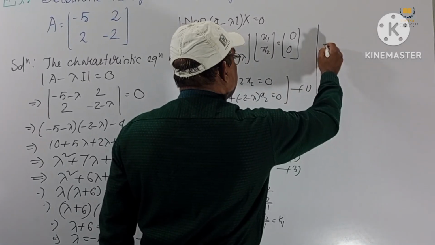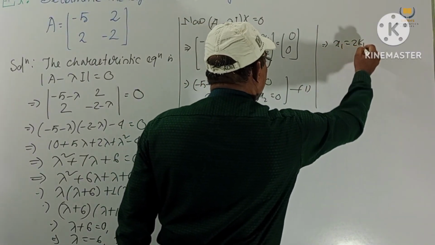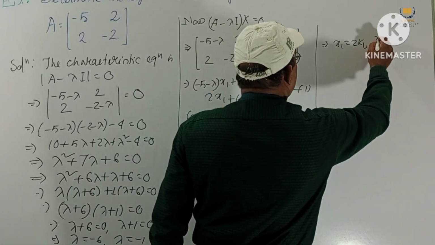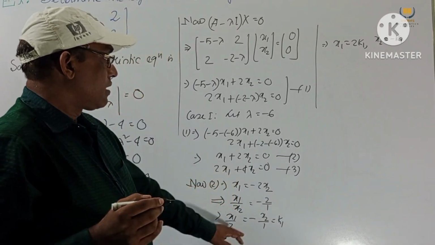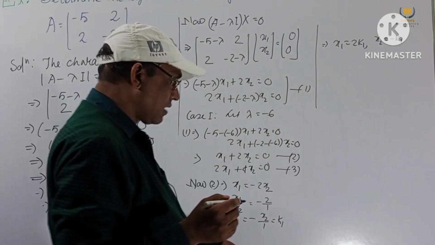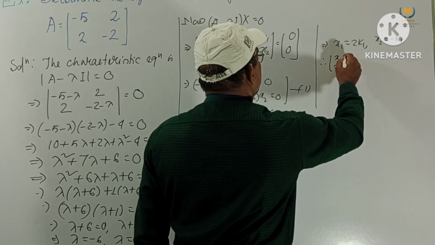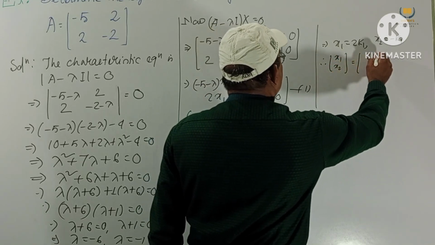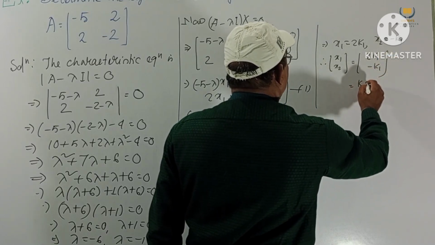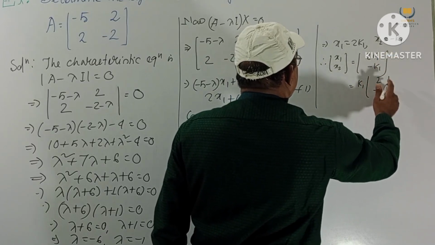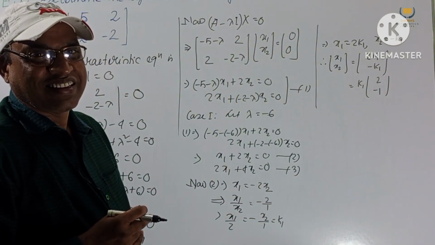This implies x1 equal to 2k1 and x2 equal to -k1, and therefore we can write x1, x2 as 2k1, -k1, and k1 taking common, (2, -1), this is the first eigenvector.